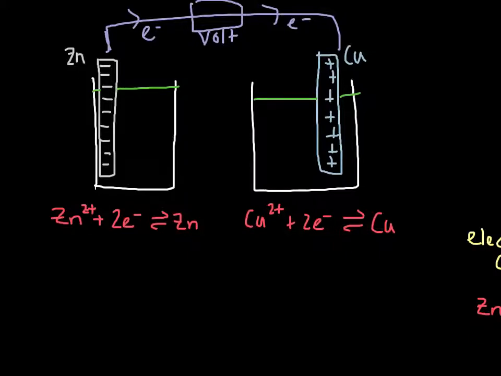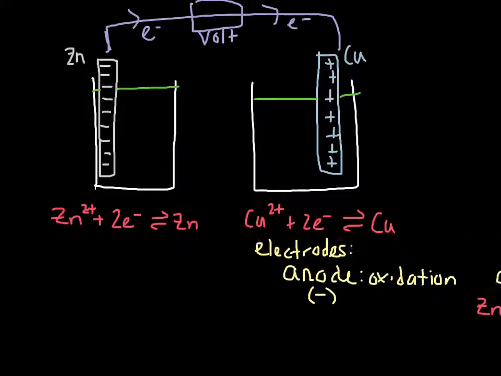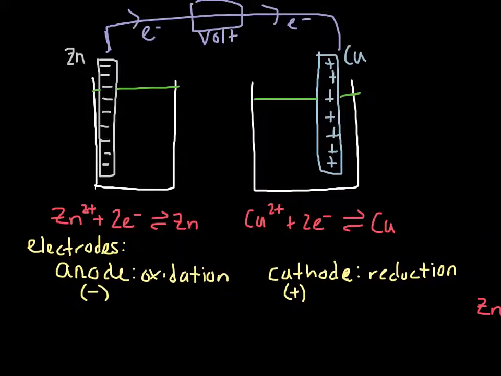When we are setting these up and want to know whether to expect positive voltage, negative voltage, whatever it happens to be, we need to be able to determine which electrodes belong to which element. Electrodes are essentially identifying where the electrons are going. We have our anode. Anode means negative, so it's the negative side.